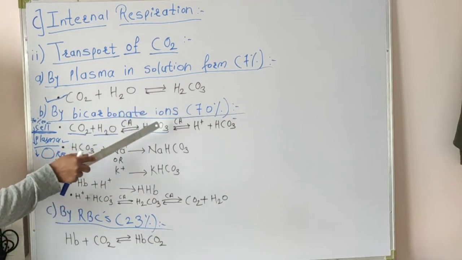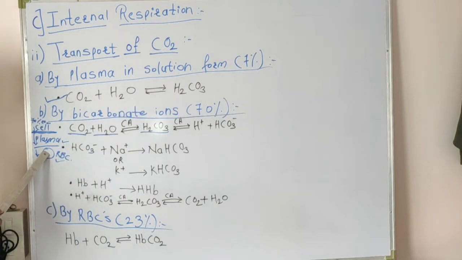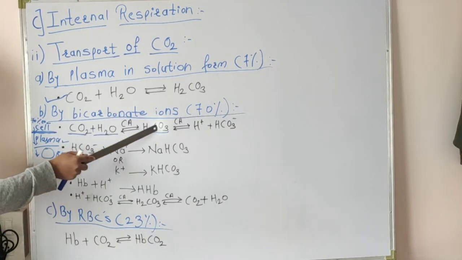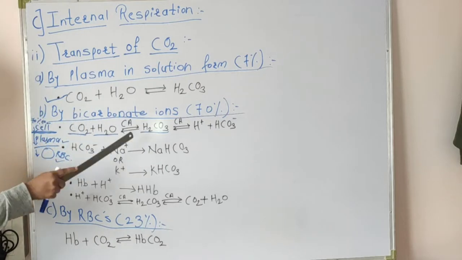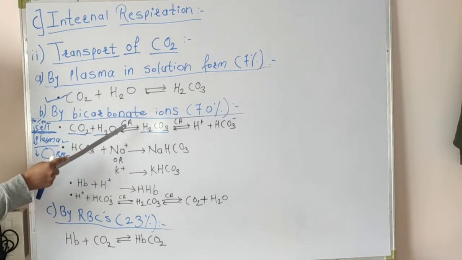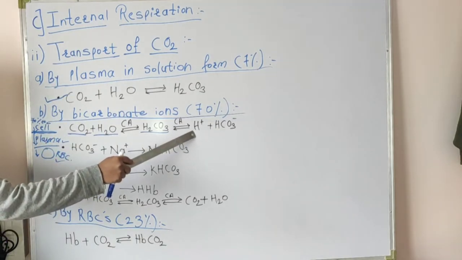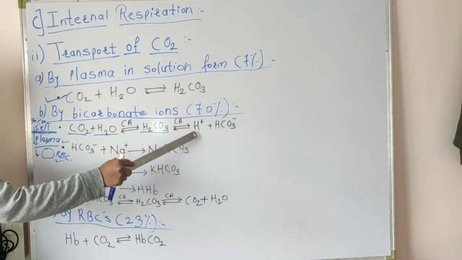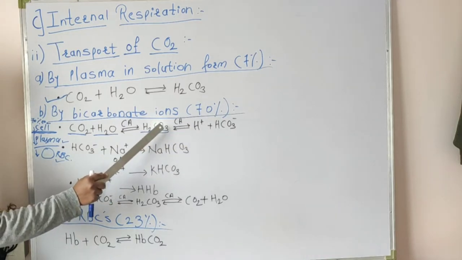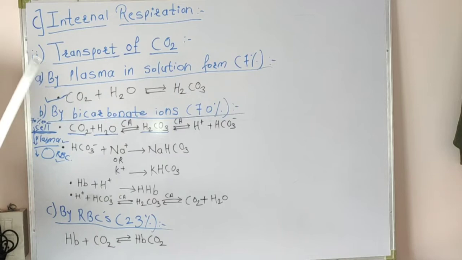That's why in the RBC there is a high rate of formation of carbonic acid, only because of the carbonic anhydrase enzyme. That's why the hydrogen ion gets dissociated from the carbonic acid.